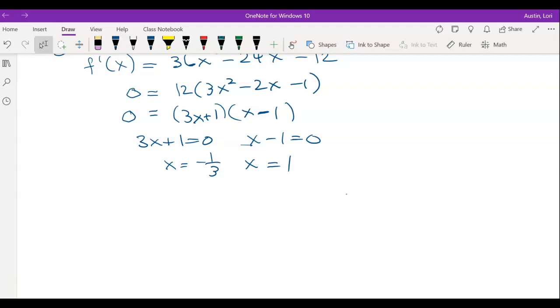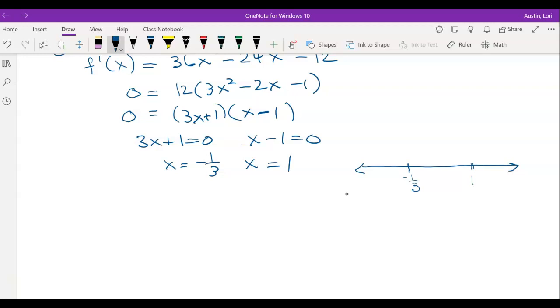I want you to think of this as a number line, with my critical values placed neatly on that number line. Okay, makes sense? Get your critical values because this is going to help you when you put it all together. All right, we need to determine what's happening on these intervals. These critical values split it up into 3 intervals. Remember, you don't care what the value is in the middle of those intervals. You only care if it's positive or negative, right?